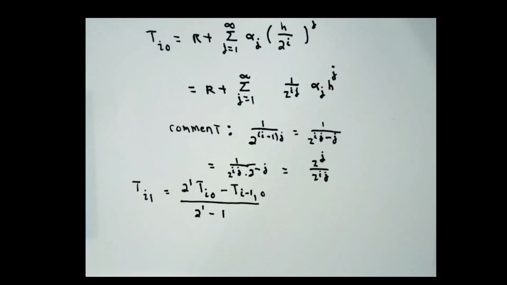According to the Richardson's algorithm, the way that I'm going to get the numbers in column k equal 1 of my table is t, row i, column 1, is going to be 2 raised to the 1 power times t i 0 minus the number in the column k equals 0 that is immediately above t i 0, t i minus 1 comma 0, divided by 2 raised to the 1 power minus 1.